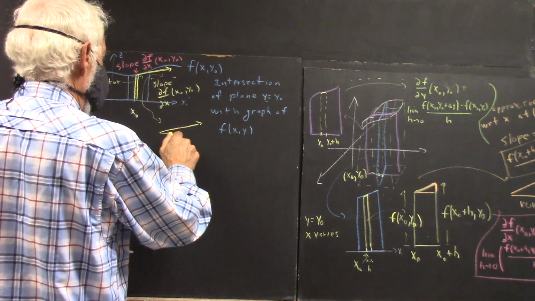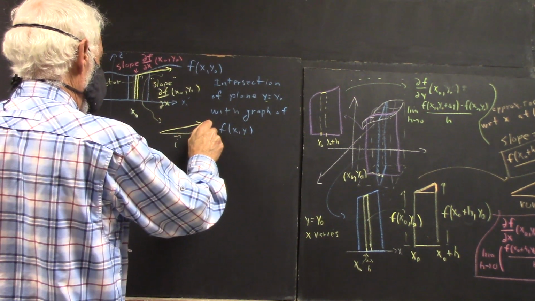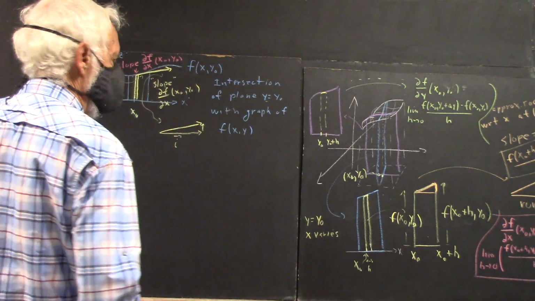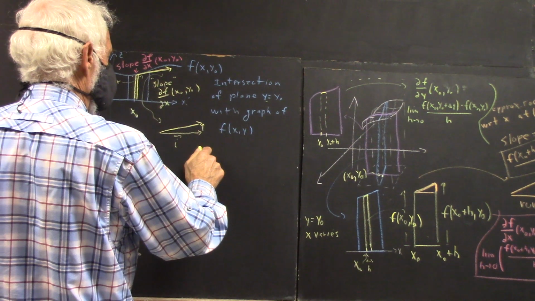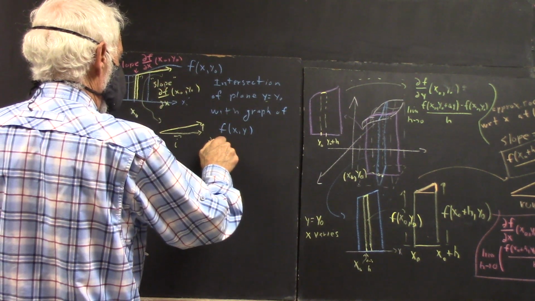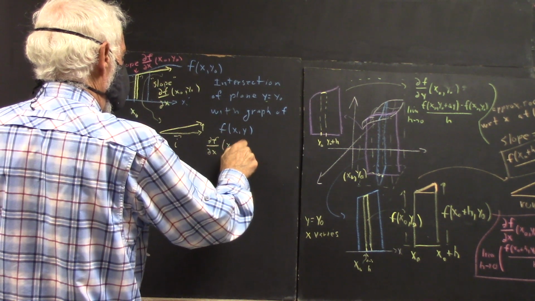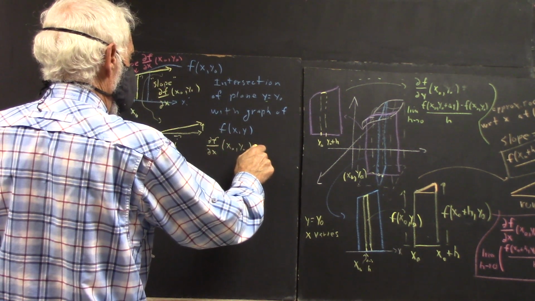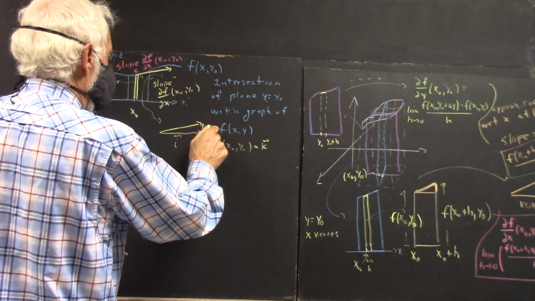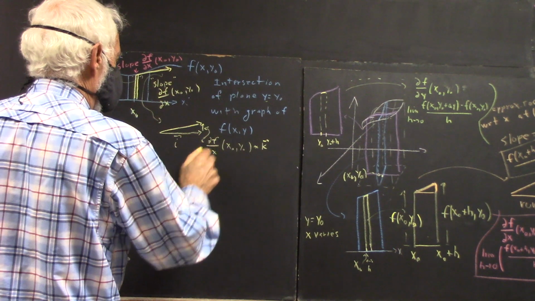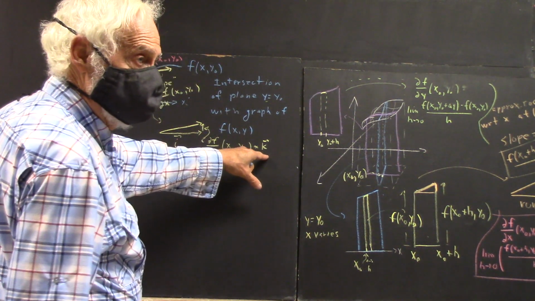So if I want to get a tangent vector, I'm just going to let this side be i, and I'm going to let this side be the partial derivative of f with respect to x at the point x naught, y naught times the k vector.